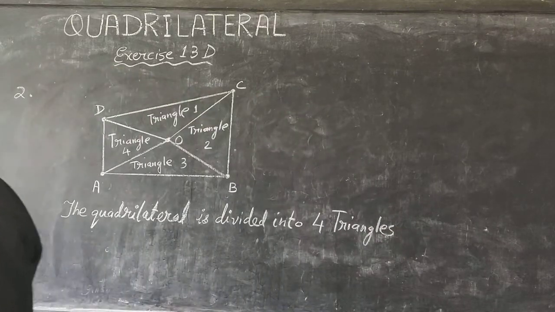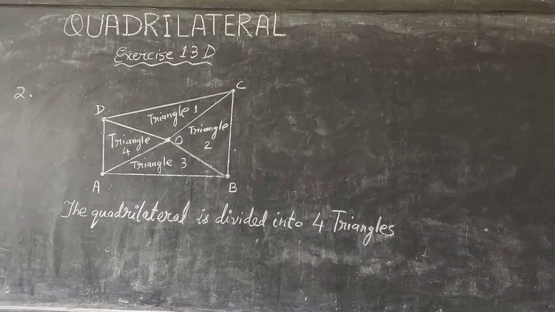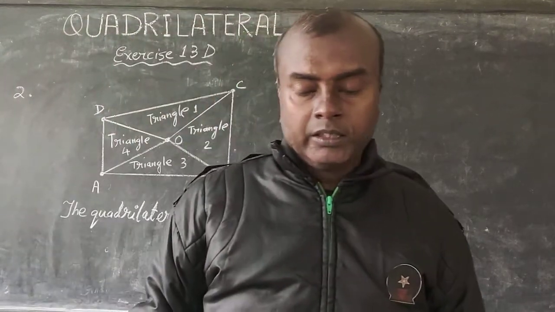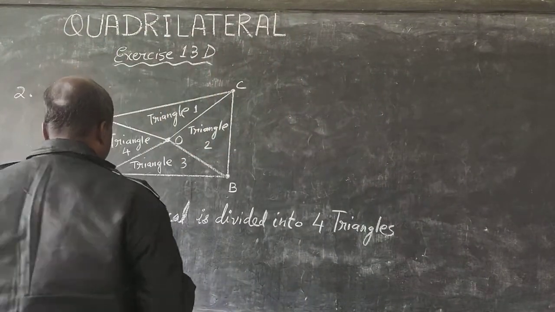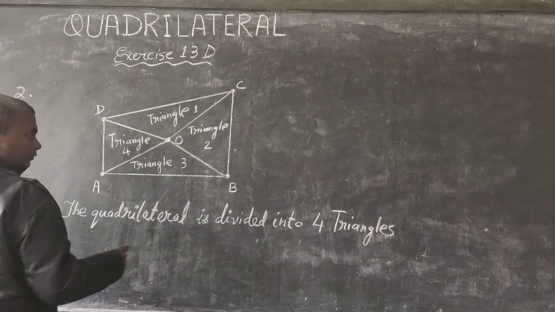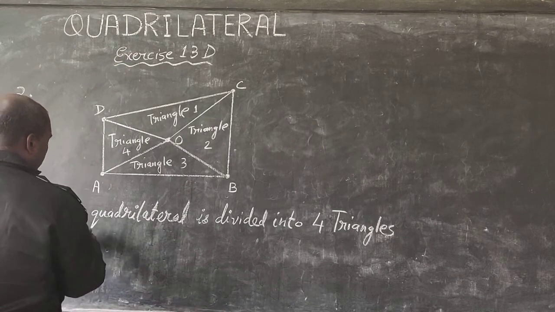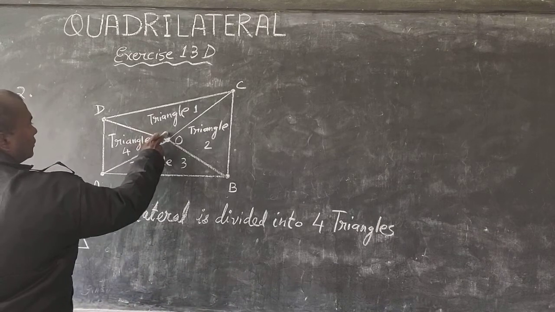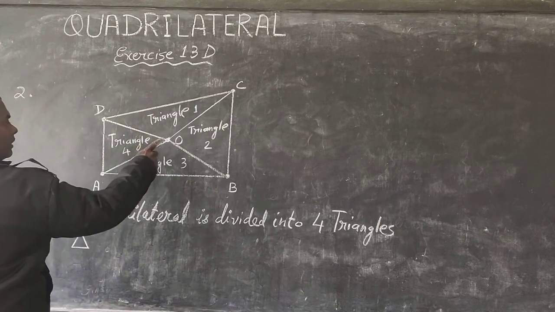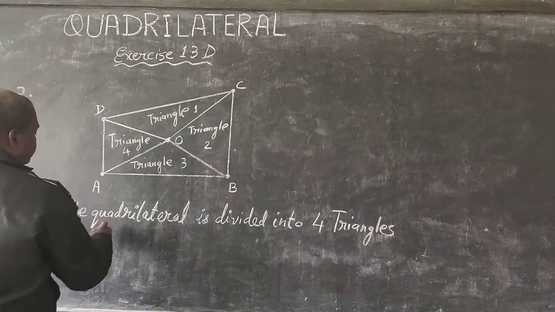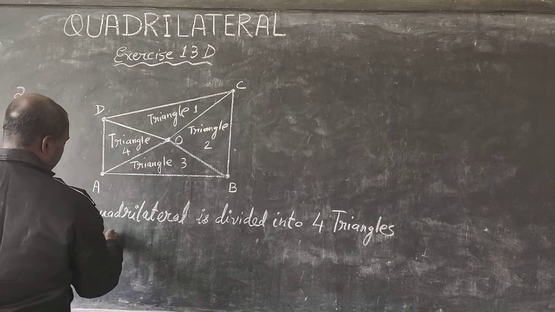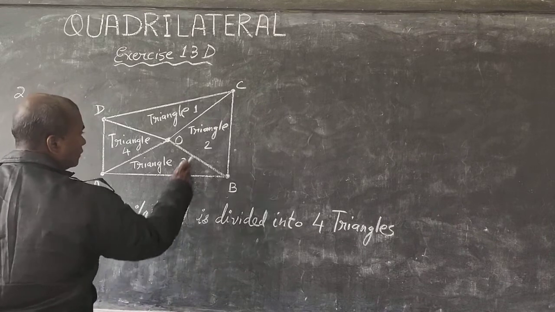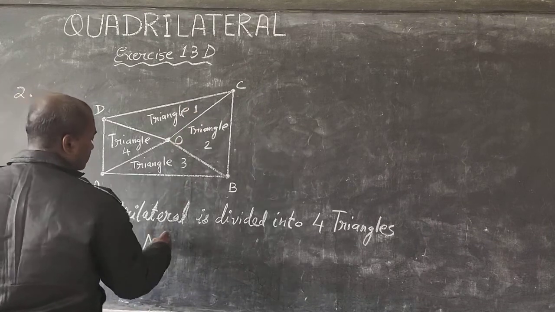There are four triangles here. And we also have to name them. They are asking, name the figures. The figures are triangles actually. So what are the triangle names? Let us name them. Triangle number 1, what do you name it? Triangle ODC. Similarly, triangle 2 is OCB.